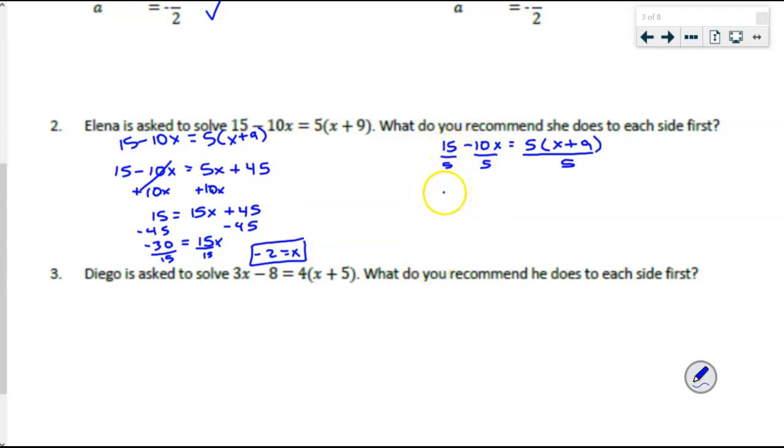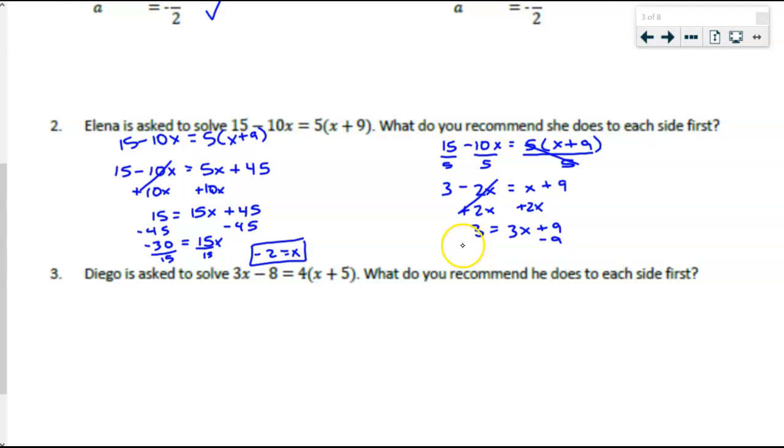15 divided by 5 is 3. Minus 10x divided by 5 is minus 2x. And that's equal to, this divides out, so I have x plus 9. And I'm going to do the similar thing. I don't want to have to deal with negative x's, so I'm going to add 2x to each side. And it leaves me with 3, which is equal to x plus 2 more x is 3x plus 9.